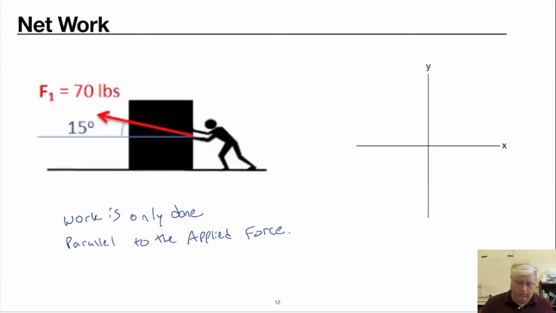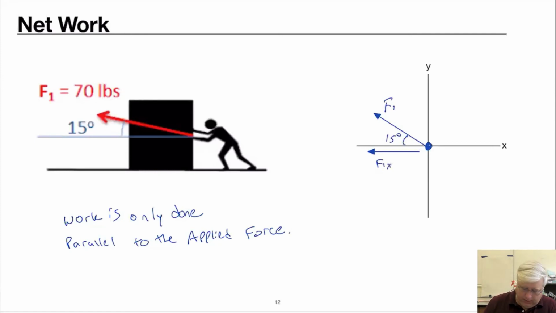Okay, so we can draw the free body diagram of this to see and calculate that. And so the force they're giving us here is F1. Okay, and then they're giving us an angle here, 15 degrees. And so the component parallel would be, we can call it F1x, or the x component of F1.